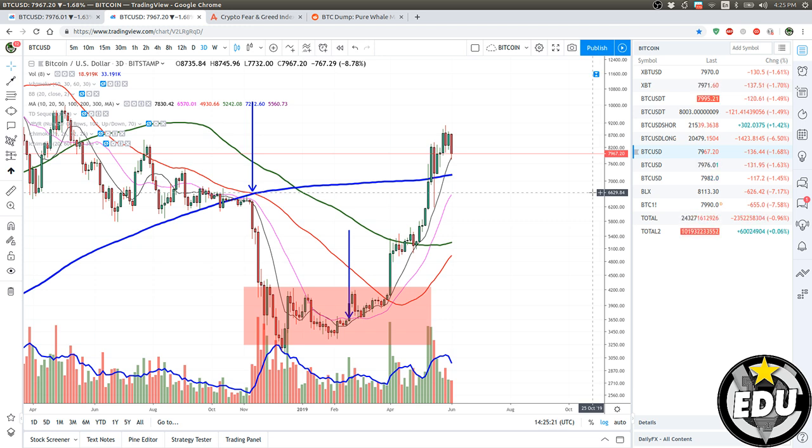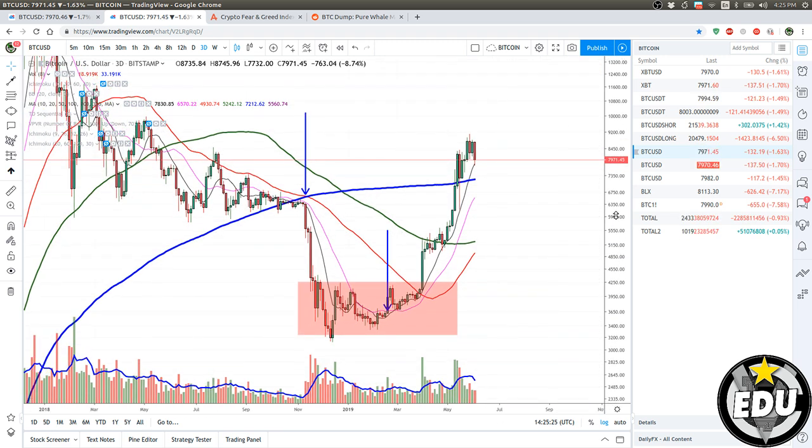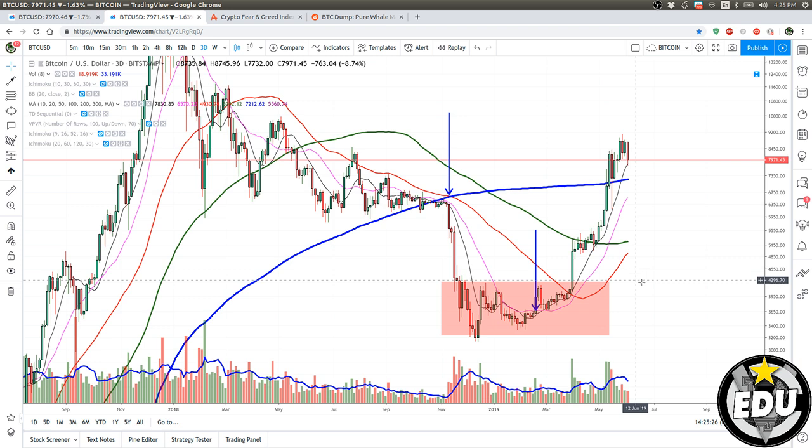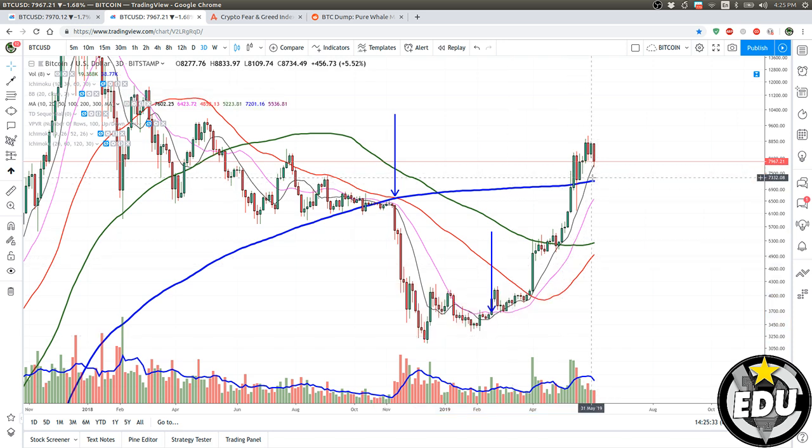Okay, my overall opinion is that we stay above the 200 on the 3-day, and we have a massive bullish cross about to happen on the 3-day time frame between the 50 and 100.